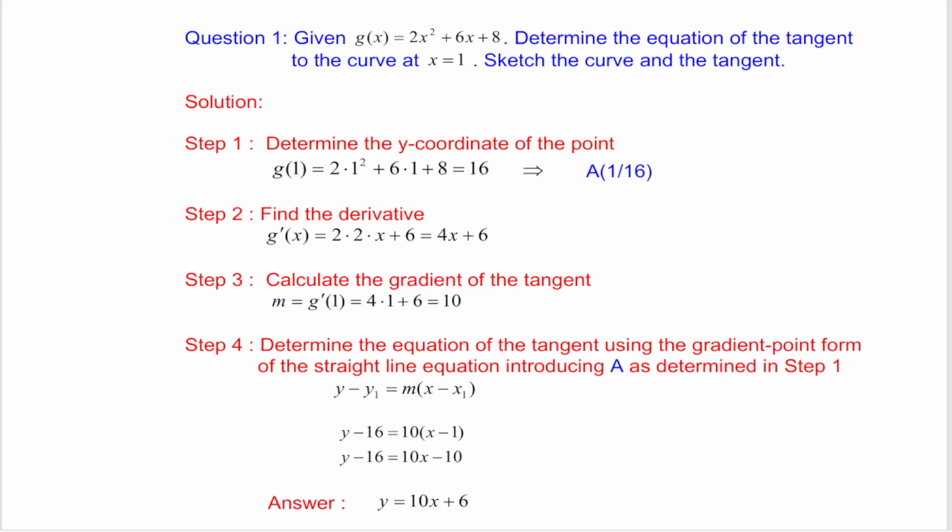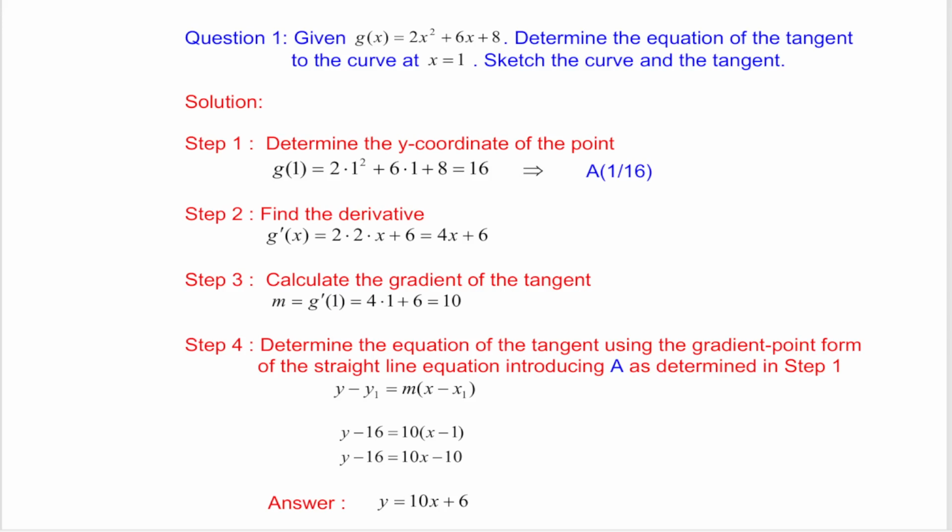Step number 2 is to find the derivative. g prime of x equals 4 times x plus 6. In step number 3, we calculate the gradient of the tangent. m equals g prime of a equals 10.